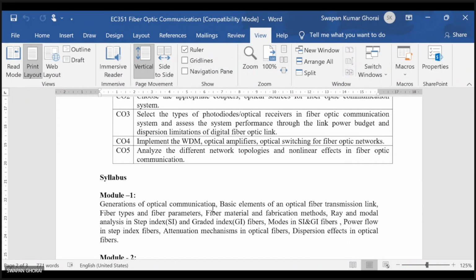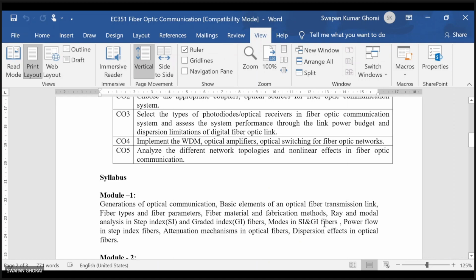Also, you can see SI fiber and GI fiber, so step index fiber and graded index fiber. To some extent, we discussed this in the last semester. So now we'll discuss in detail, and also what materials are used to fabricate these fibers, or how a fiber can be drawn from the materials. That we will see. Right.